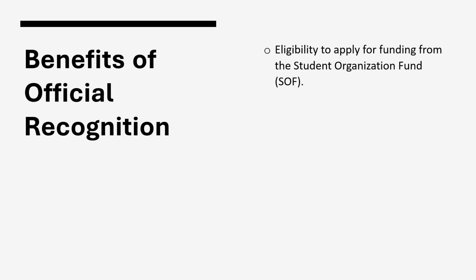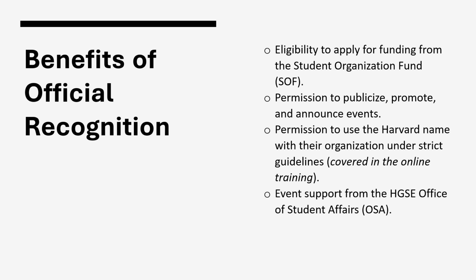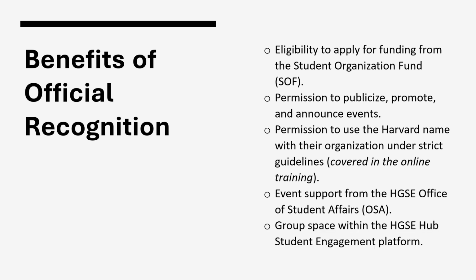There are several benefits to becoming an officially recognized HGSE student organization. These benefits include eligibility to apply for funding from the Student Organization Fund, permission to publicize, promote, and announce events at HGSE, event support from the HGSE Office of Student Affairs, and group space within the HGSE Hub Student Engagement Platform.